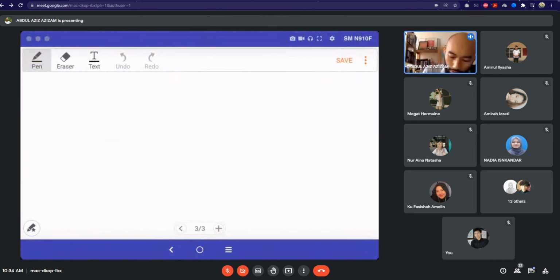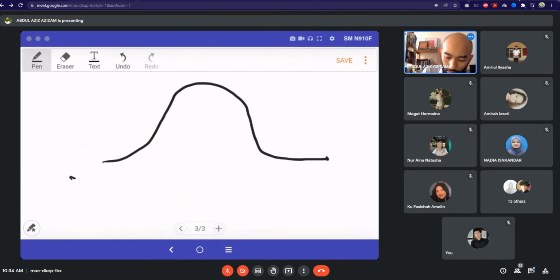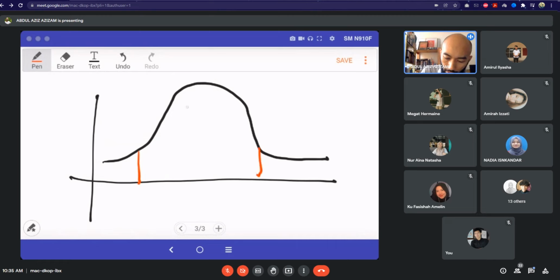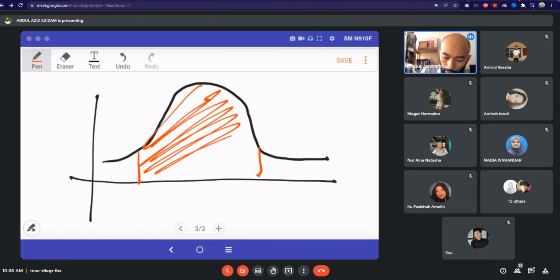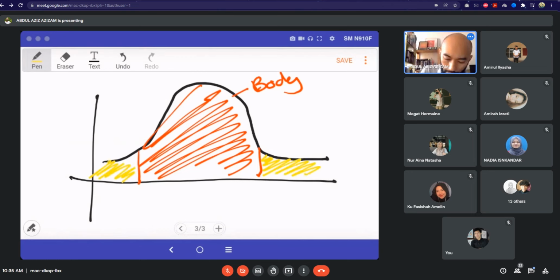So, for example, this is distribution. Ini adalah normal distribution graph. Okay, normal distribution graph. So, kawasan ini adalah body dia. The majority area ni, yang I colourkan merah ini adalah body. Ini body. Di sebelah sini, kawasan kuning ini, kawasan yang ekstrim ini, dia ada dua lah.